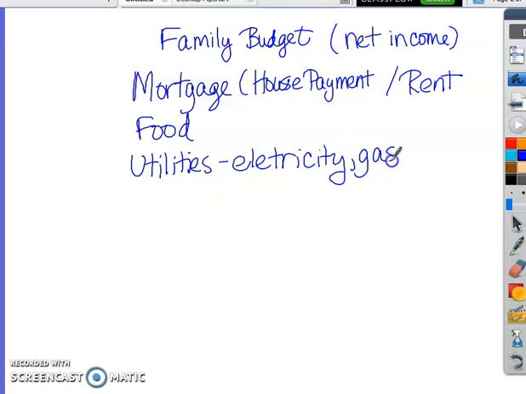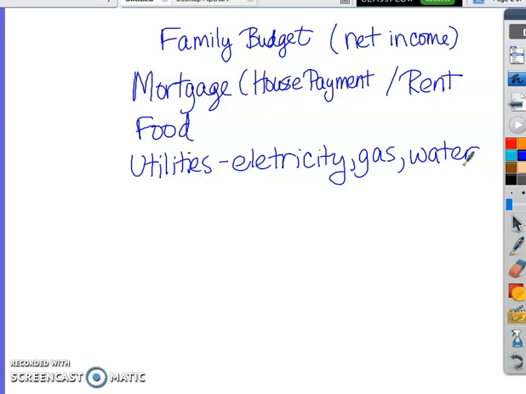Gas. Some people don't have gas. It's all lumped into electricity. This is also a variable expense. And water, which is also a variable expense. So for me, my water bill is higher in the summer and maybe late spring or early fall because I'm watering my grass because in Texas it's so hot.